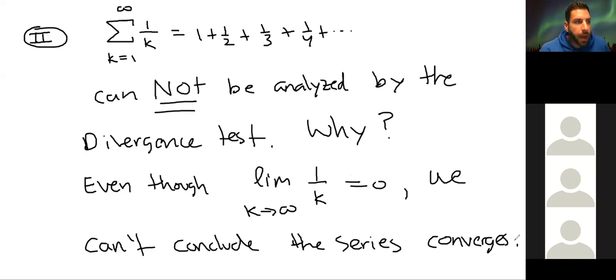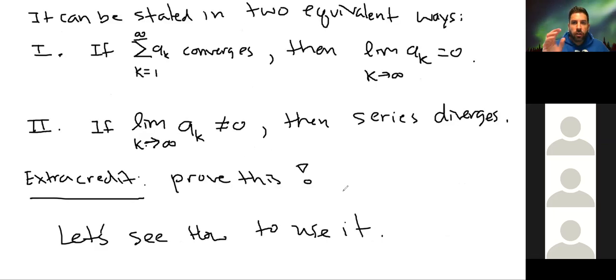Again, if you go back to the previous 2 slides, if you look at the logic, it doesn't say if the terms go to 0, something happens. That's not what the theorem says. Read the logic carefully. The logic says if it doesn't go to 0, then we diverge. It doesn't say if we go to 0, then we converge.